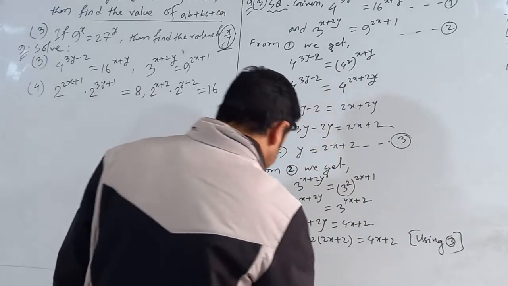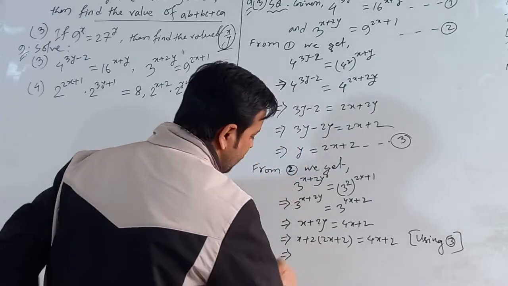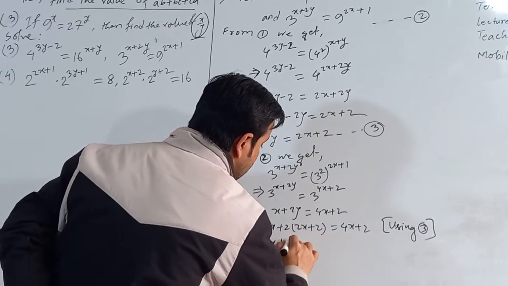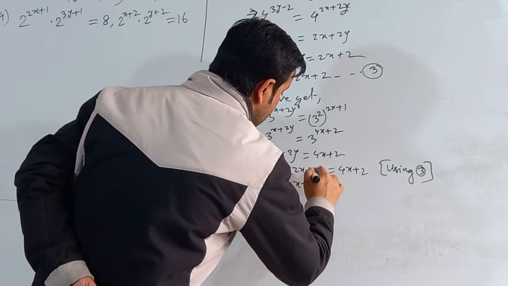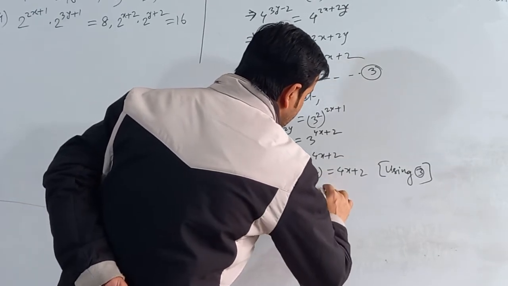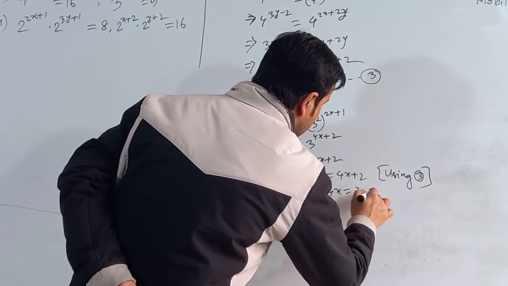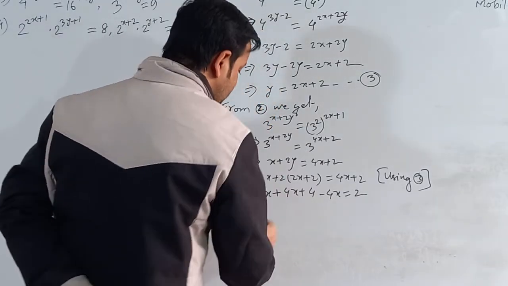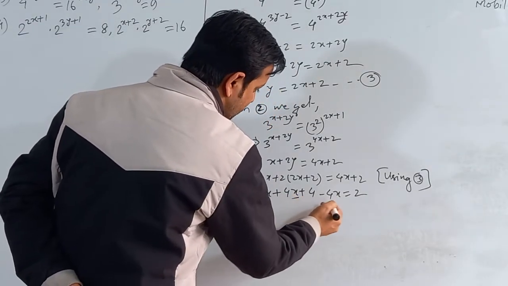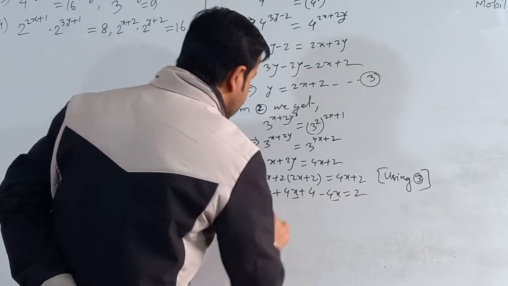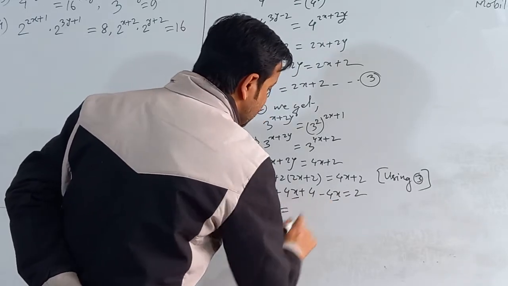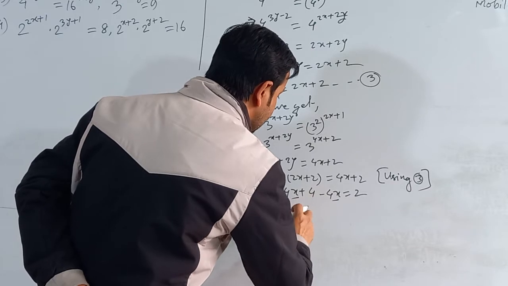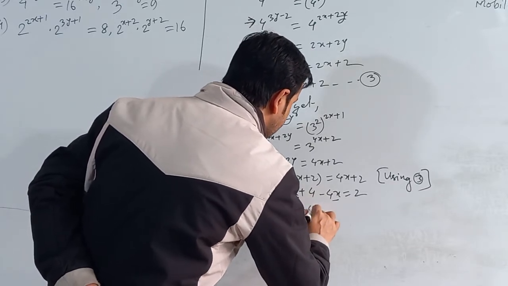Calculate here now: x plus 4x plus 4 minus 4x equal to 2. So now the 4x positive and 4x negative vanish each other, only x will remain in the left side, and this 4 we can shift to the right side, 2 minus 4.